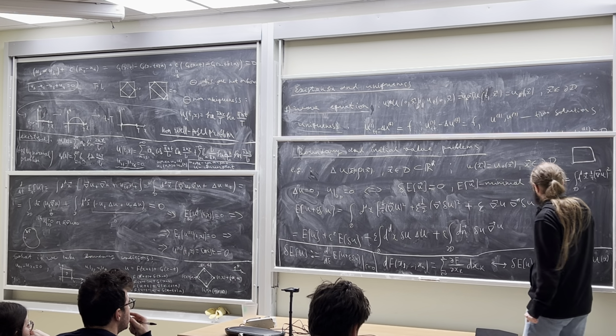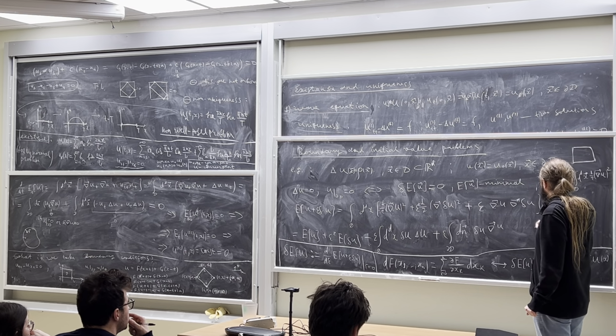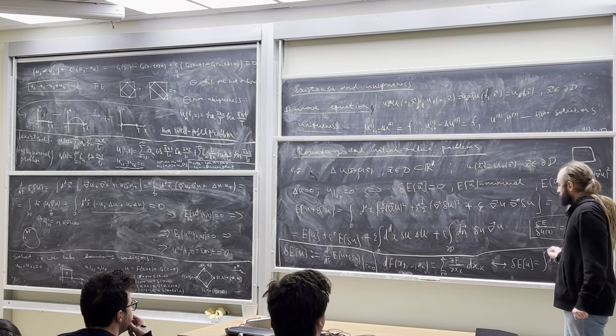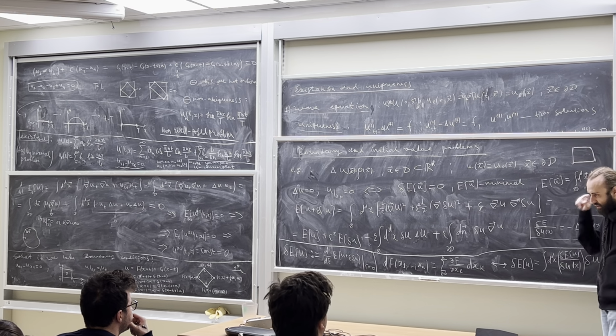So we can say that delta E over delta u of x equals minus Laplacian of u of x. So, is it clear or not?